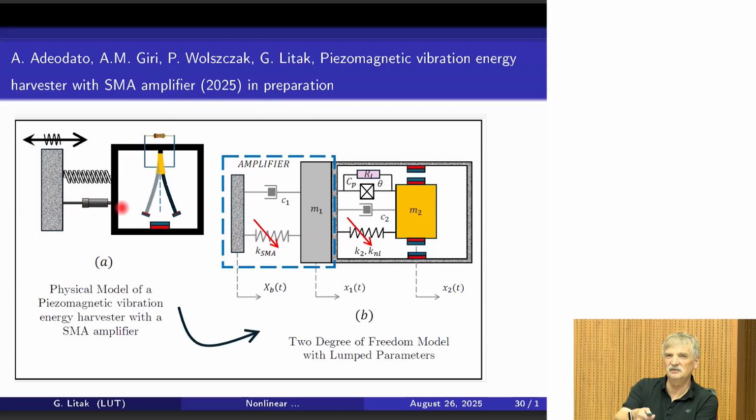So we have a shape memory element, and this is a coupling between the basement and the frame. And the harvester is inside the frame. So this was the case. And I mean that the shape memory element can also be used to store some energy.